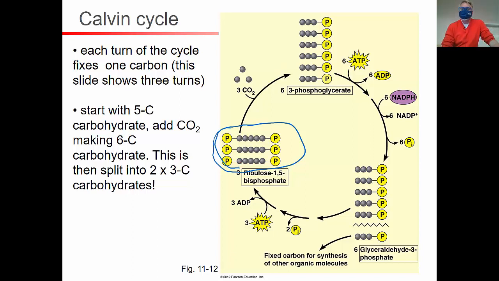What we do is we then put in ATP, NADPH, so electrons, and what we end up is we end up producing 6 of this molecule, which is called glyceraldehyde 3-phosphate.